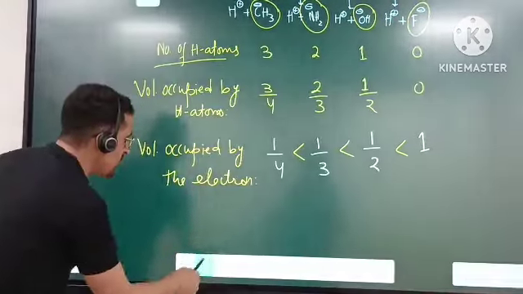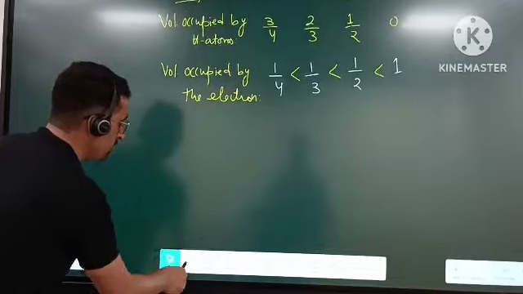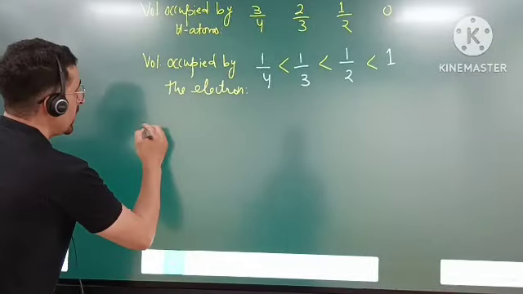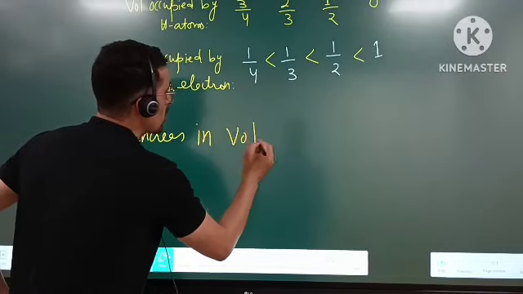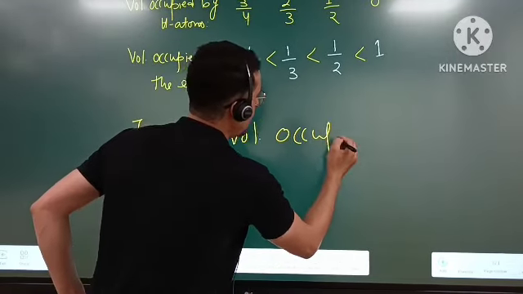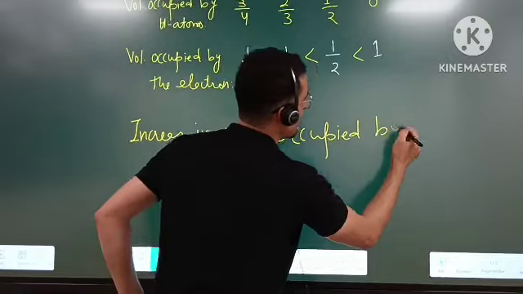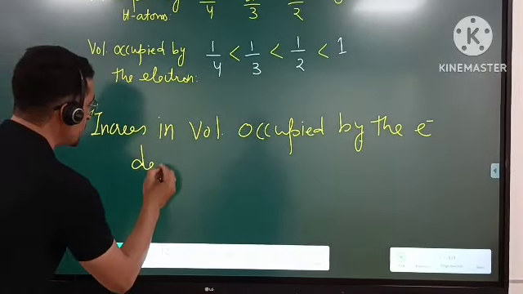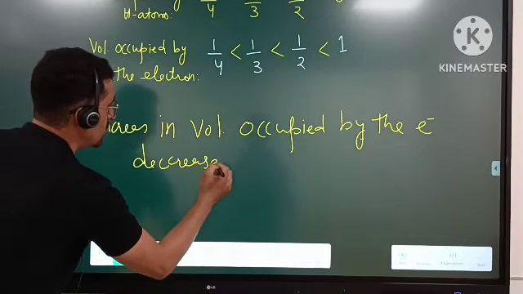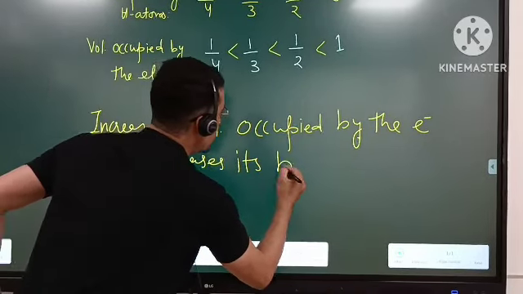That is why we say that an increase in the volume occupied by the electron decreases its basicity.